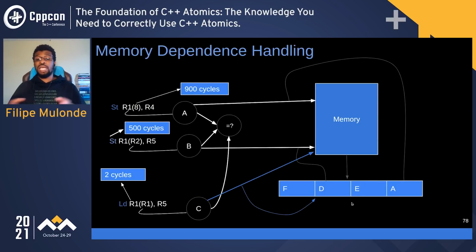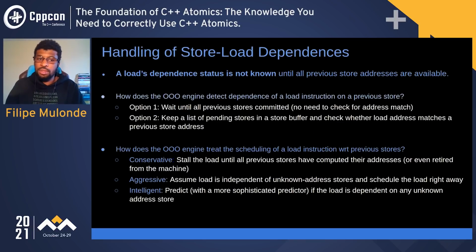And this is possible because modern computer architecture gives us the possibility to address memory at different granularities. We can access memory at the granularity of 1 byte, 2 bytes, 4 bytes, or 8 bytes in x86, for example. A load's dependency status is not known until our previous store addresses are available.